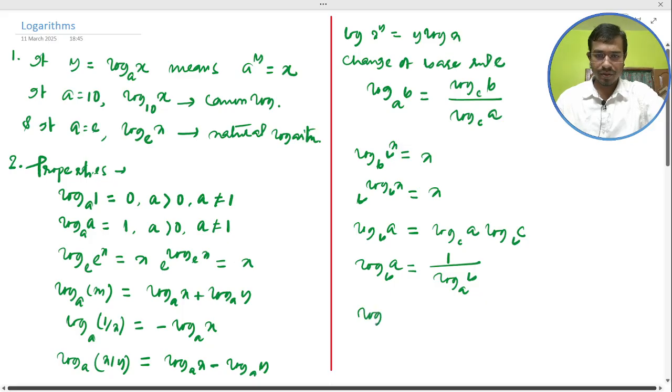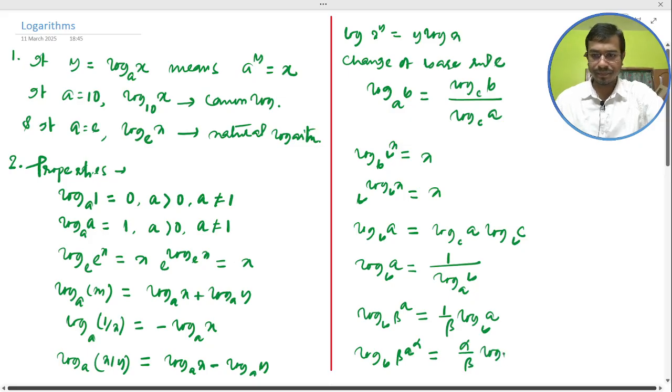Suppose log base B of beta to the power A is written in the form 1 by beta log A base B. Suppose log base B of beta to the power A to the power alpha can be written in the form alpha by beta log A base B.